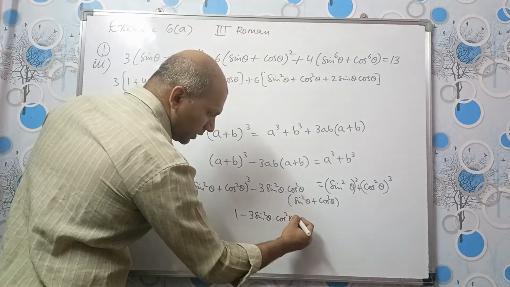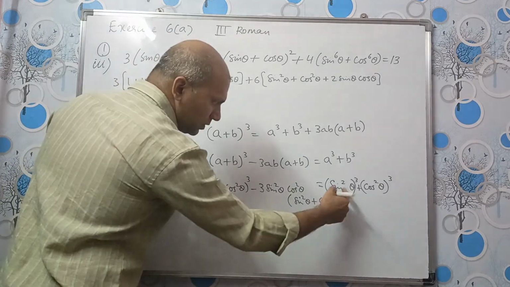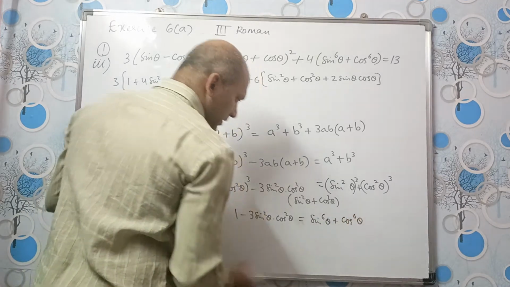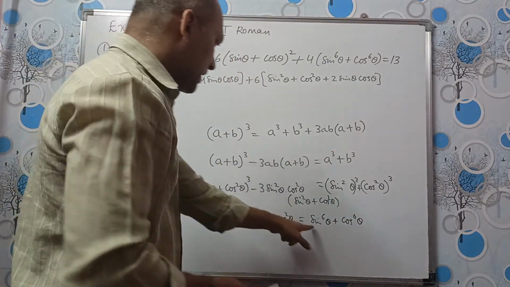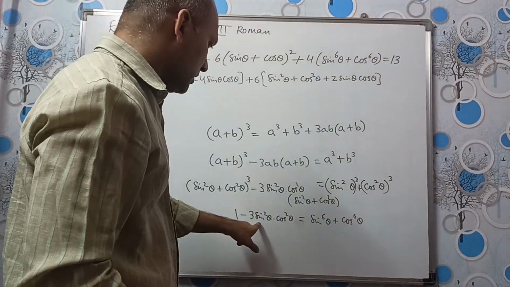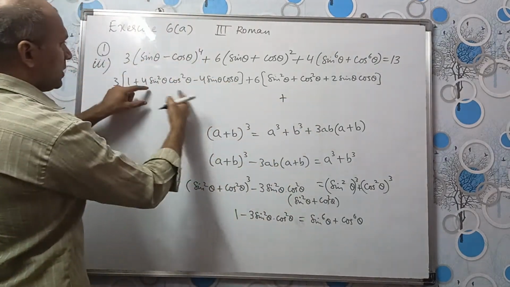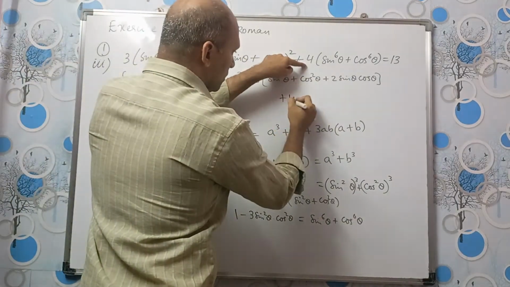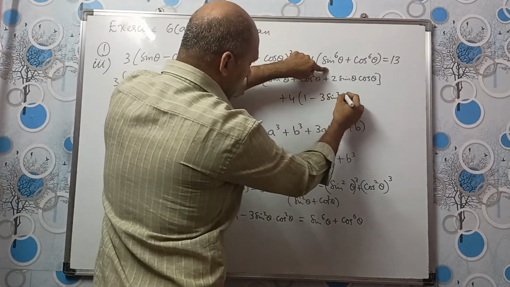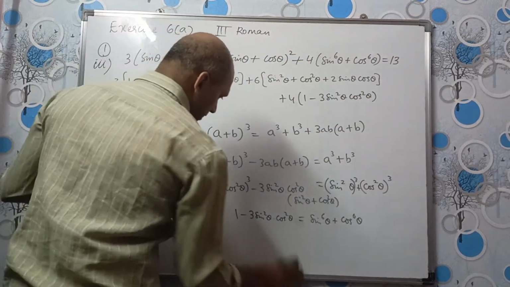This whole thing is also equal to 1, right? So in place of sin power 6 theta plus cos power 6 theta, we can write 1 minus 3 sin square theta cos square theta. Let us do that. We wrote this part here and plus 4 into this, which is 1 minus 3 sin square theta cos square theta.